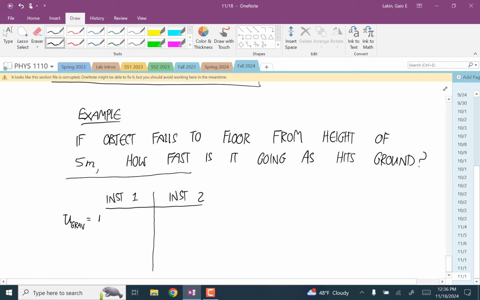Okay, so that's m times 9.81 times a height of 5 meters. I'm going to call my 0 the floor. And so this gravitational potential energy is 49.05 times m.